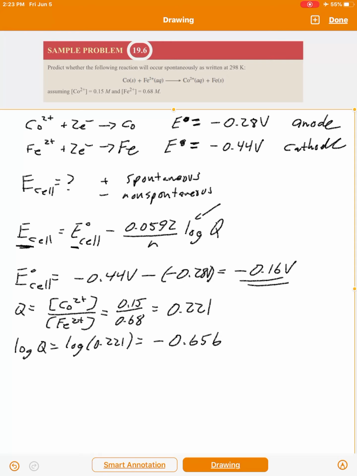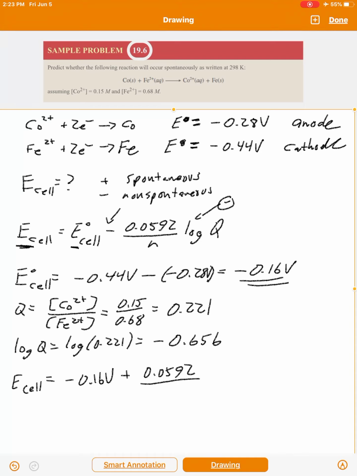Okay, so now we've already figured out the standard cell potential. The cell potential is what we're trying to calculate, so it's the standard cell potential, minus 0.16 volts, minus a minus, right? The log of Q is minus, but we got a minus there, so it's just plus 0.0592 over n.